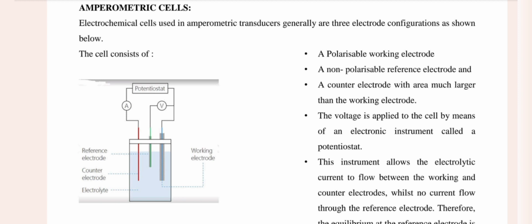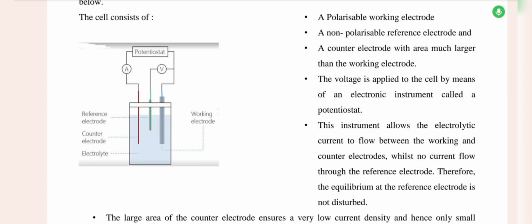The difference between polarizable and non-polarizable is that in a polarizable electrode there is a separation between electrode and electrolyte. A double layer occurs, a charge separation occurs. But in the case of a non-polarizable electrode, that is the reference electrode, there is no such charge separation at the interface of electrode and electrolyte.